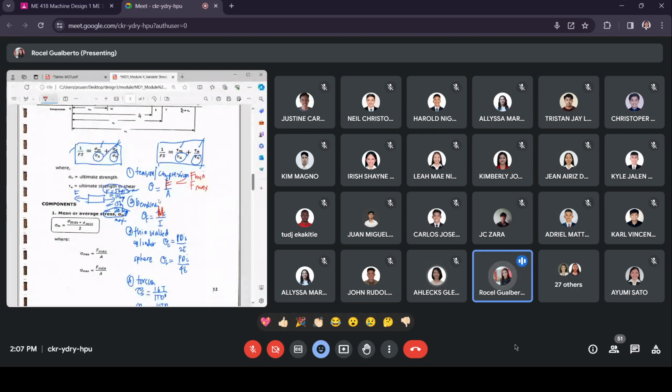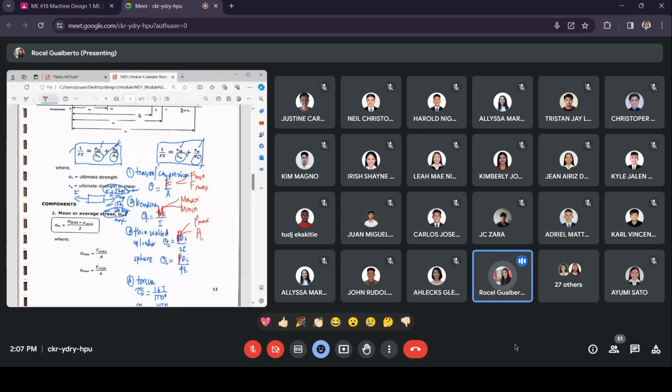So, on bending naman po, it is the moment that varies. If you are given several values of the moment, you simply look for M maximum and M minimum. For thin walled, it is the pressure that varies, so for the pressure, kunin lang po maximum pressure and minimum pressure.